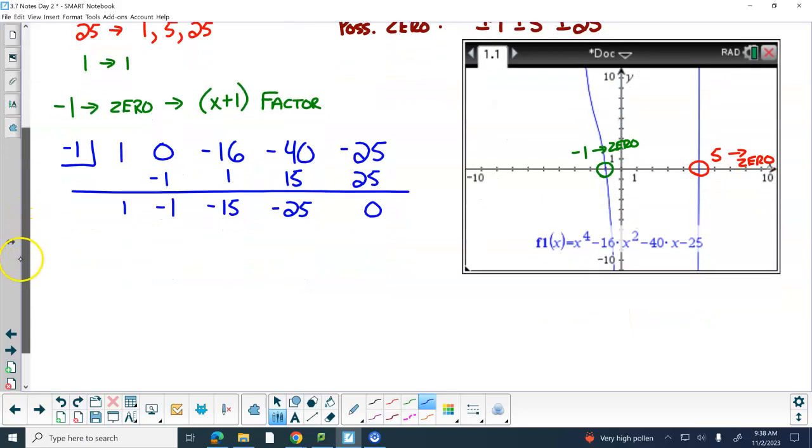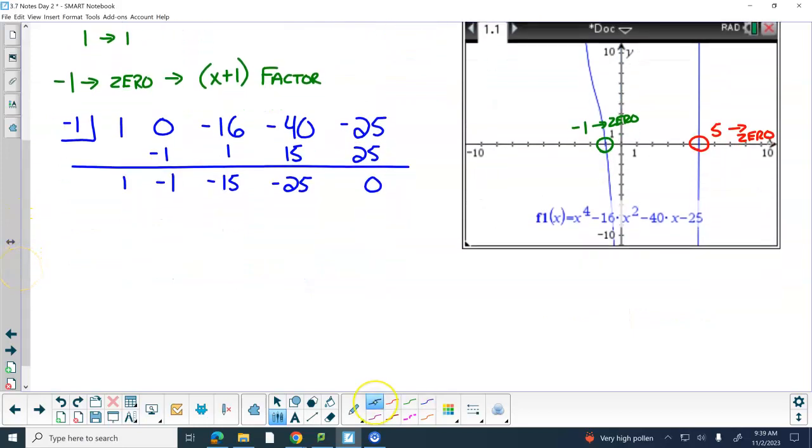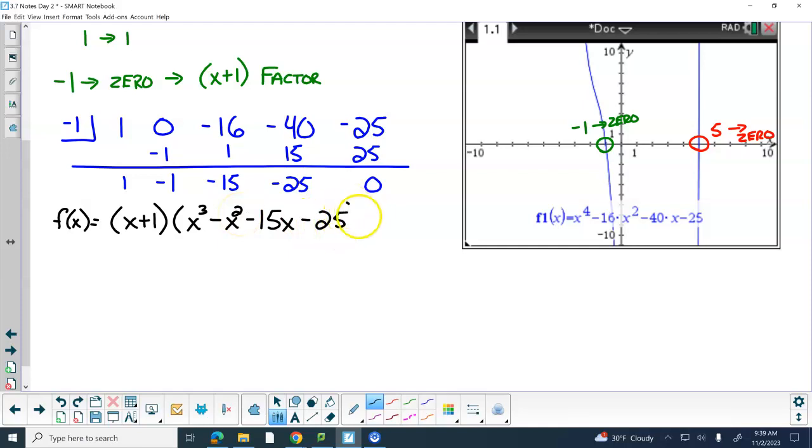So that tells me f of x now is x plus 1 times x cubed minus x squared minus 15x minus 25. Right? Now what?